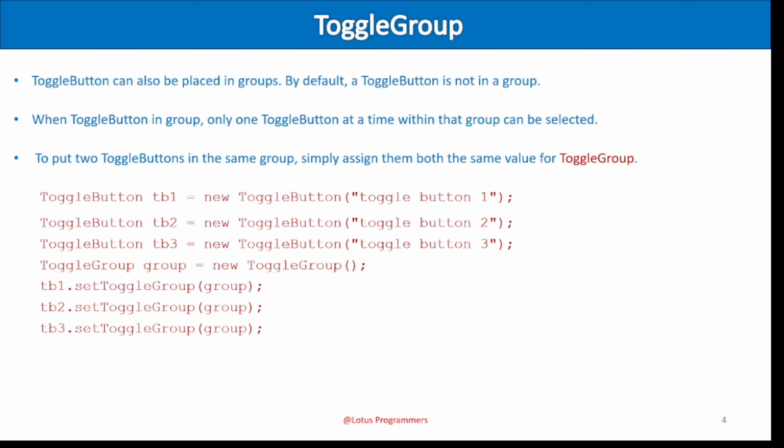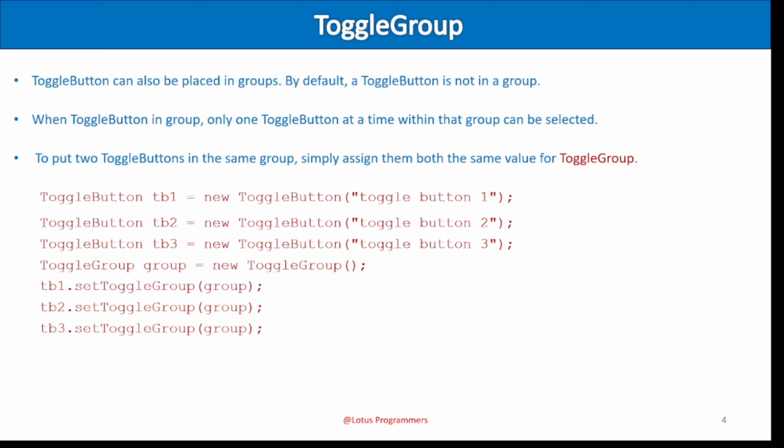Suppose here we are taking three toggle buttons, TB1, TB2, TB3. These are added to a toggle group by creating a ToggleGroup object. Toggle group is equal to new ToggleGroup, which creates a toggle group object.